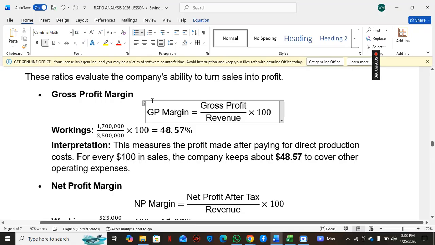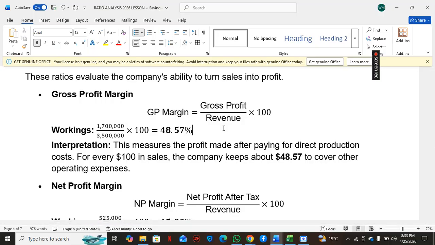On the income statement, the gross profit is 1,700,000. The sales revenue is 3,500,000. So when you divide these two and multiply by 100, you get 48.57%. That's your gross profit margin.